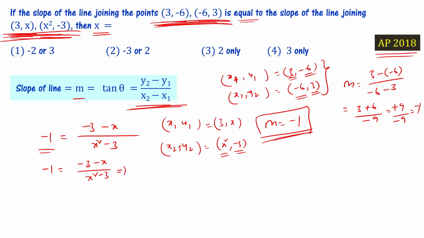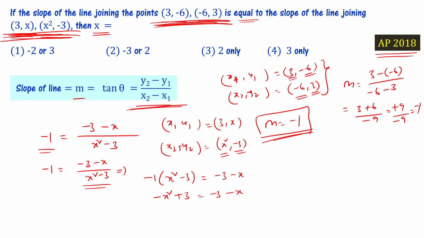Let me simplify this. X square minus 3 నటు పక్క తీసుకెళ్ళిపోతే minus 1 into x square minus 3 equal to minus 3 minus x, right? Now you see I have minus x square plus 3 equal to minus 3 minus x, right? Now మొత్తం అన్ని టర్మ్స్ని ఒక పక్క తీసుకొచ్చేస్తే మనకి క్వాడ్రాటిక్ ఈక్వేషన్ వస్తుంది, right?